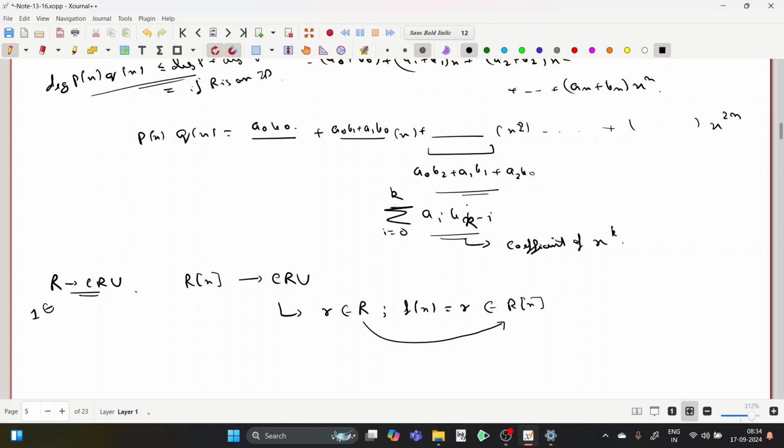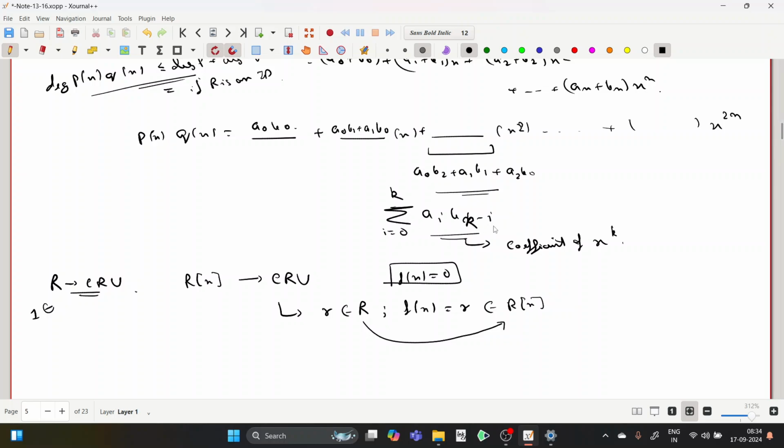Okay. Now, what can I say about the additive identity? The additive identity will also come out to be just f(x) equals 0, where 0 is the additive identity of R.